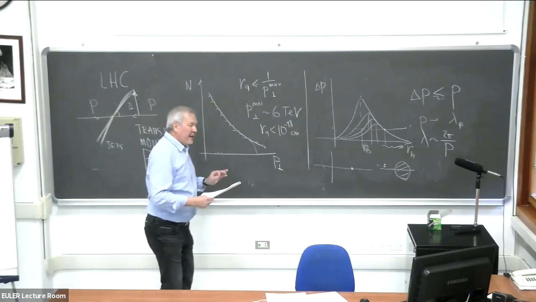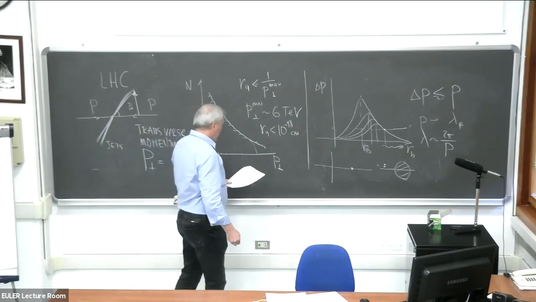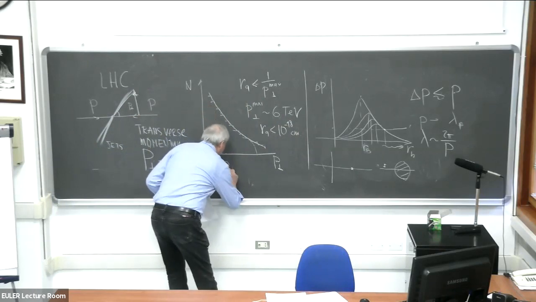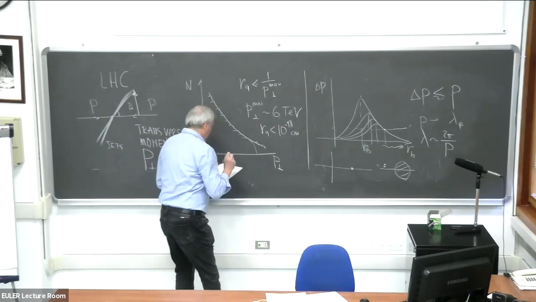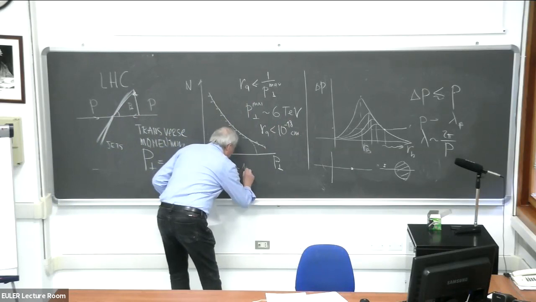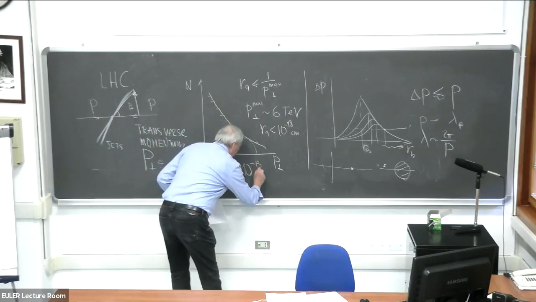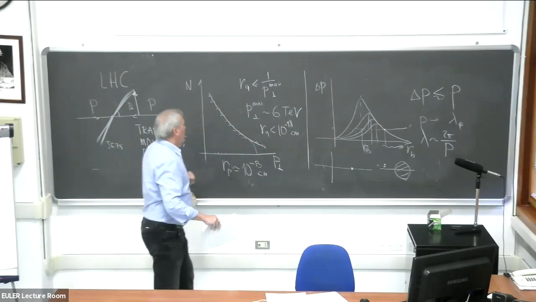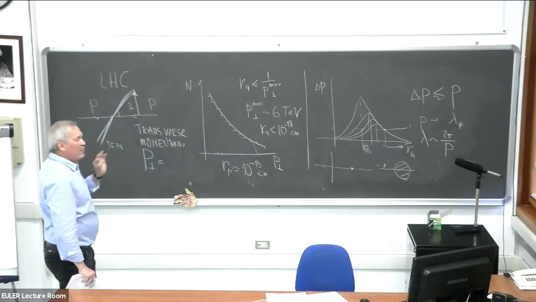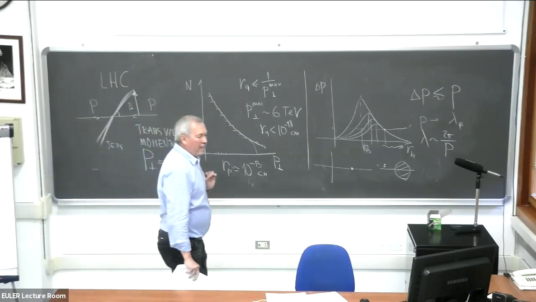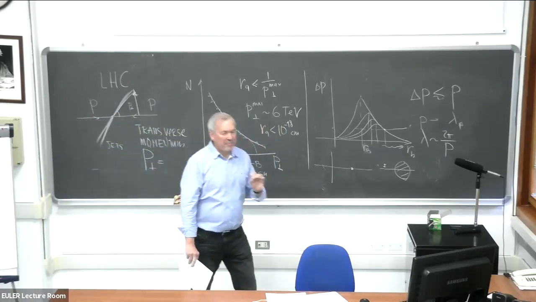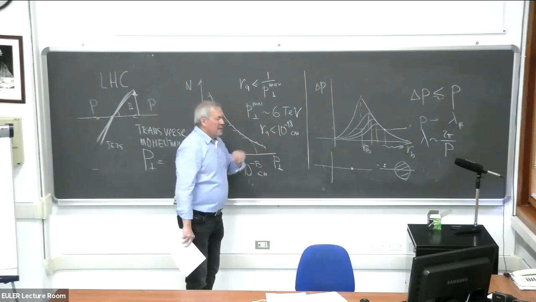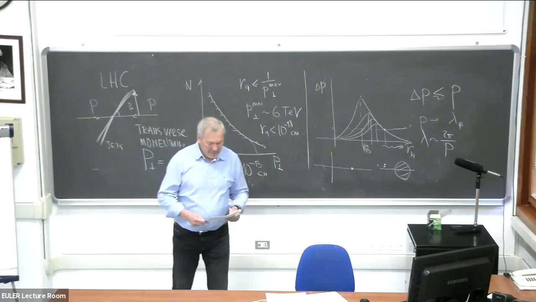Let me remind you that the radius of the proton is 10 to the minus 13 centimeters. And so here we deal with distances which are 5 orders of magnitude smaller. So the radius or substructure of the quark, if it exists, should be smaller than 10 to the minus 18 centimeters.